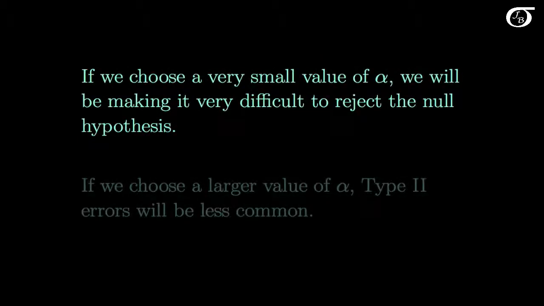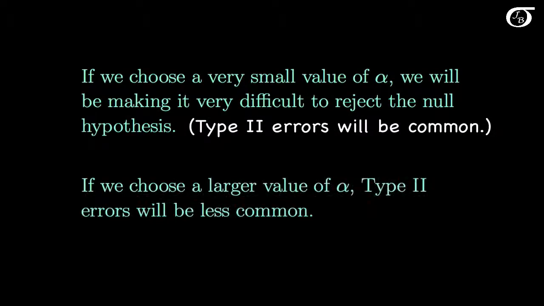If we choose a very small value of alpha, we will be making it very difficult to reject the null hypothesis. And so type 2 errors will be very common. If we choose a larger value of alpha, it will become easier to reject the null hypothesis, and so type 2 errors will be less common.